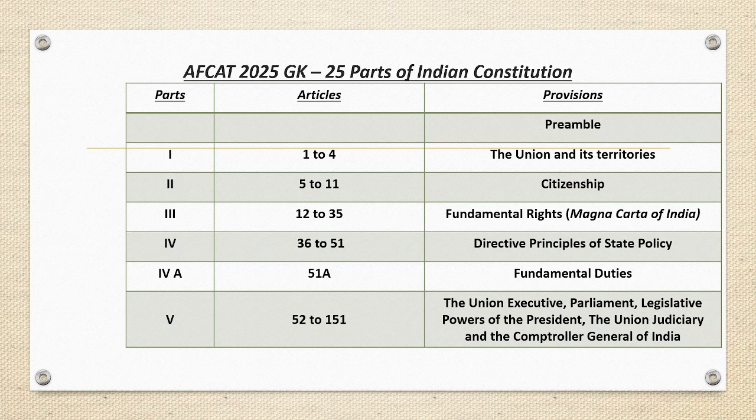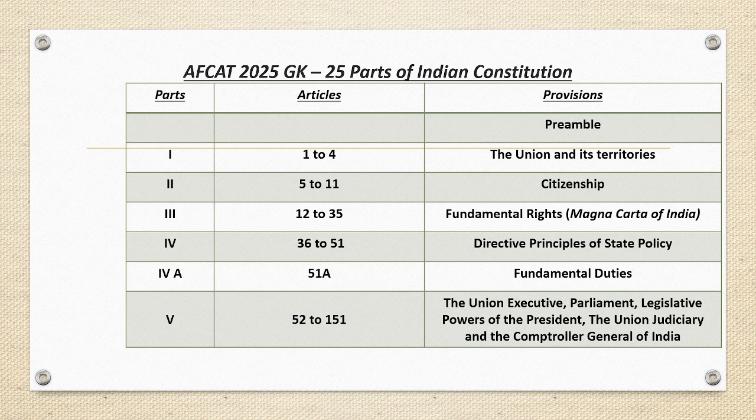Then part 3, articles 12 to 35. This part 3 has provisions for fundamental rights, and this particular part 3 of the Indian Constitution is called the Magna Carta of India.